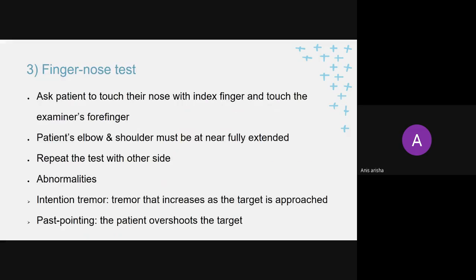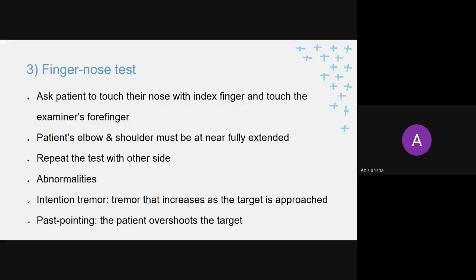Next, the finger-nose test. We ask the patient to touch their nose with the index finger and then touch the examiner's forefinger. However, we must remember that the patient's elbow and shoulder must be near fully extended, because we want to avoid the patient compensating with their arm if the patient has a tremor.